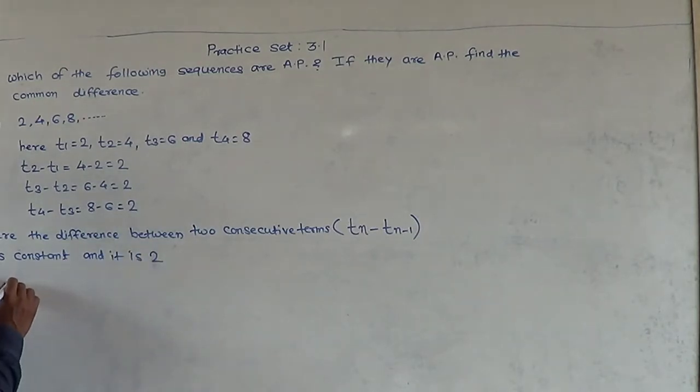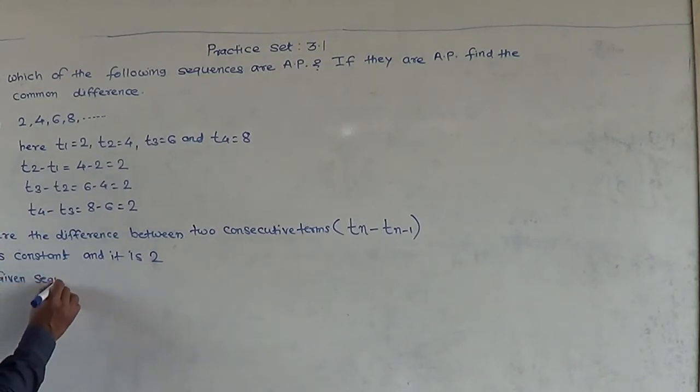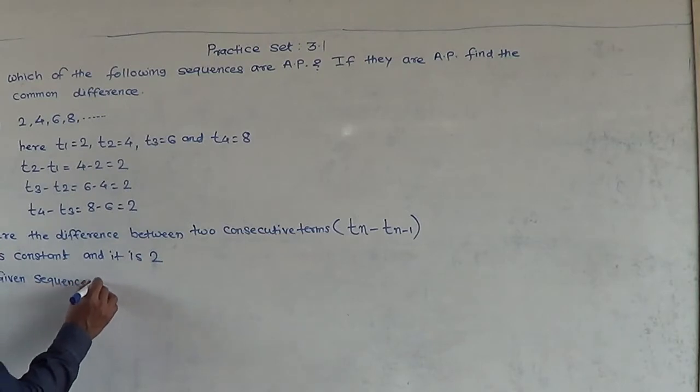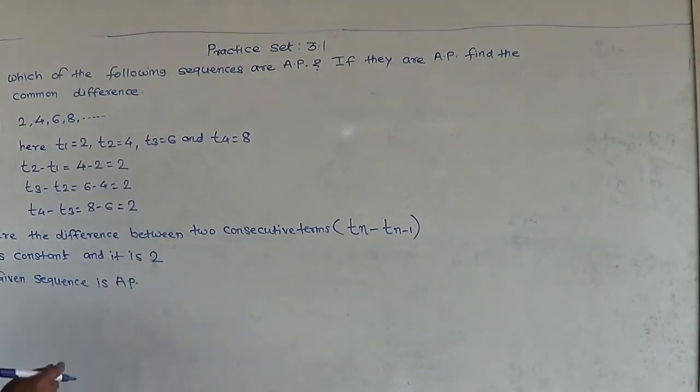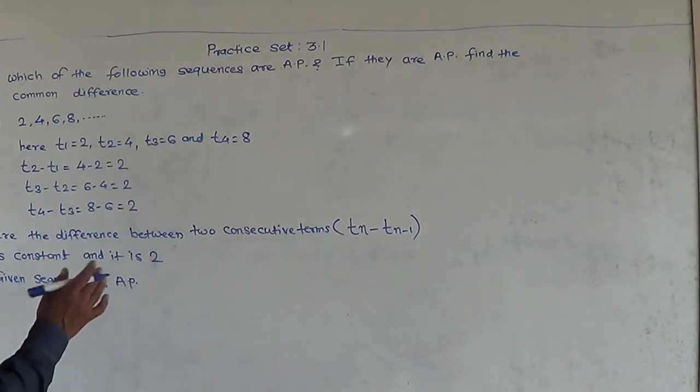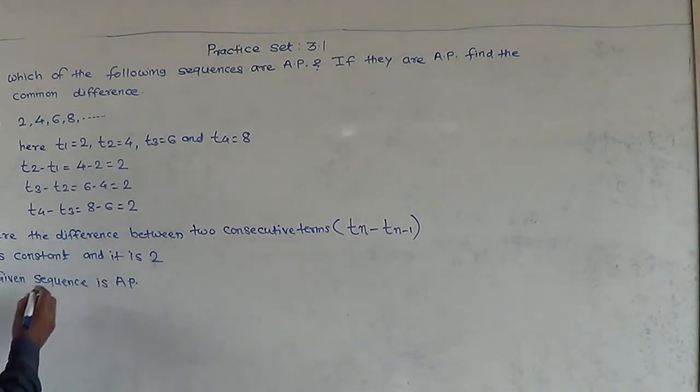So the given sequence is AP, and the value of D, that is the common difference, D is equal to 2. Here we get D is equal to 2.